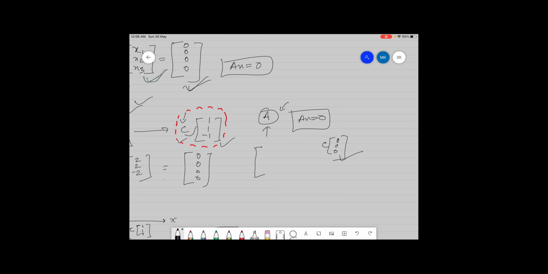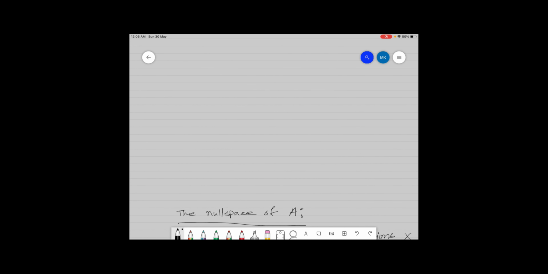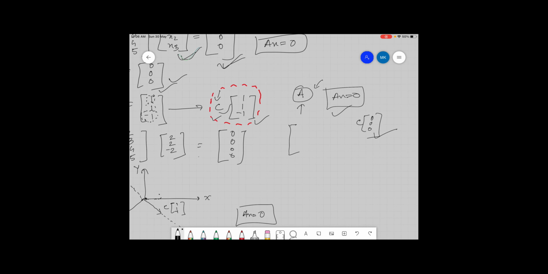So you can check this fact by taking rectangular matrices. So the question is, how do we find the null space of any matrix?